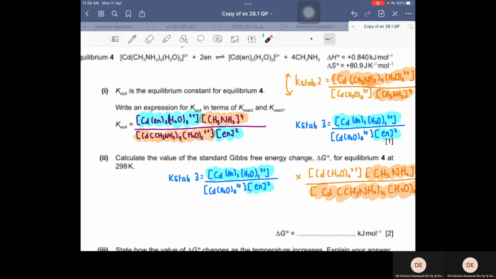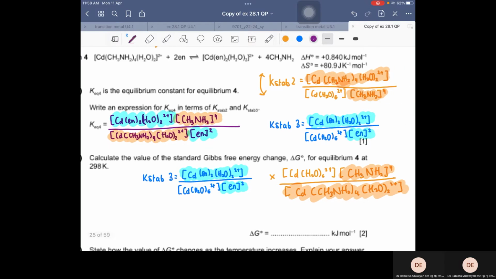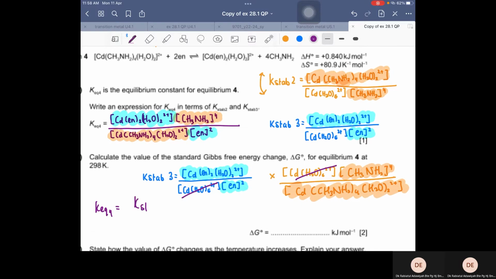I don't know how else to show you a quick way for that. Okay, if you find out and if you would like to share, please share with us. But for now, that's the only method to show you how equilibrium 4 is equal to K step 3 over K step 2. So the final answer that they are looking for is K step 3 over K step 2.